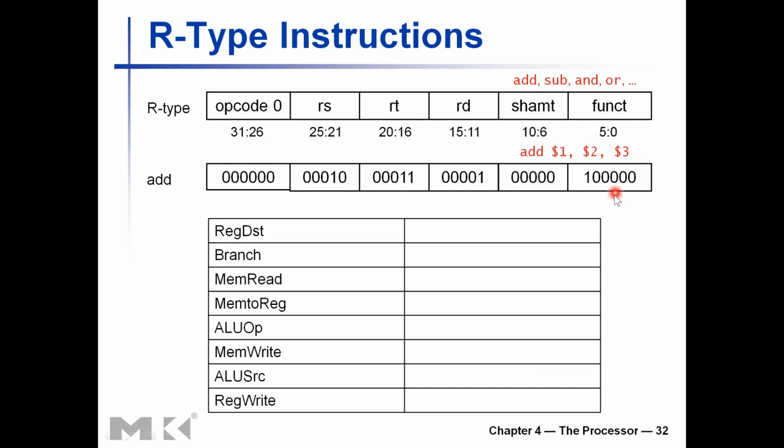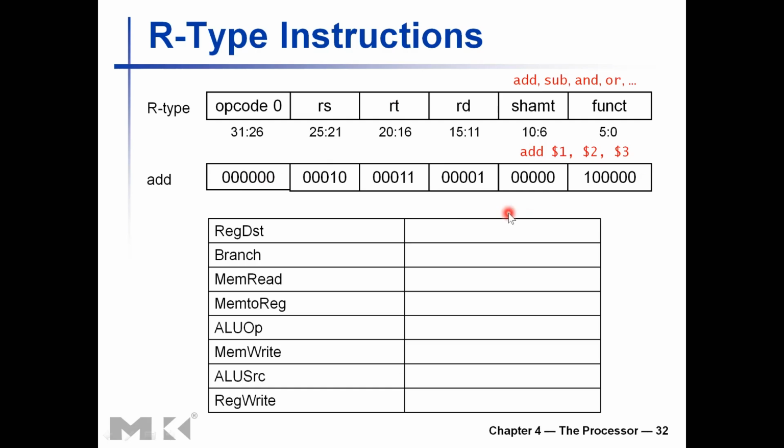So if we encode this particular add instruction, the instruction word will look something like this. The opcode corresponding to add, which is an R type instruction, and we know that the opcode for all R type instructions is 0.